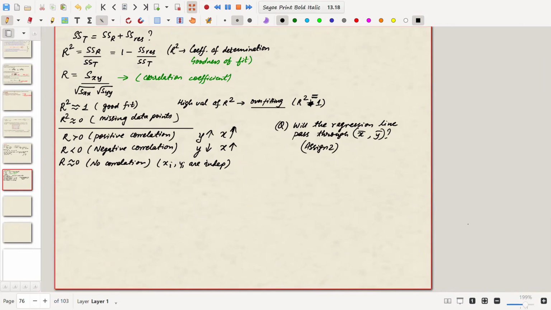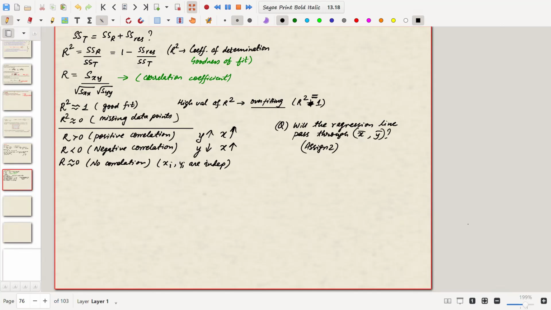Okay. So yeah. Maybe we should cover this SST part. It's a good time.